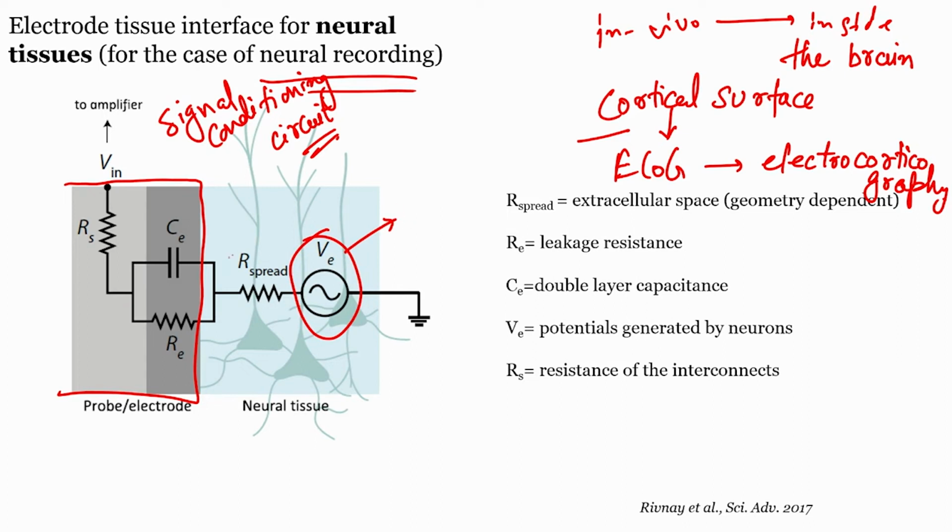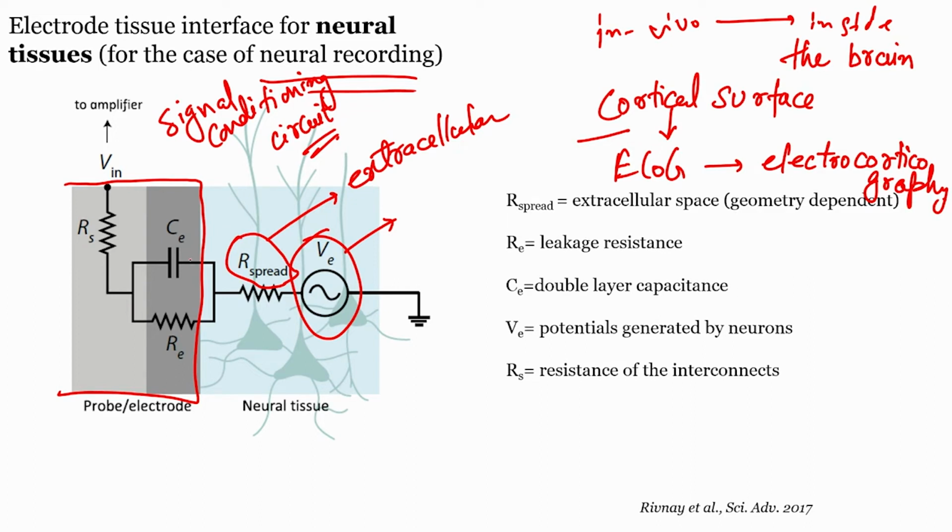Then there will be something called R spread, which is associated with the extracellular space. In some other classes you would have been taught about intracellular and extracellular, and extracellular is generally associated with the resistive contribution in terms of electrical equivalent. So this is extracellular space in the cortical surface.